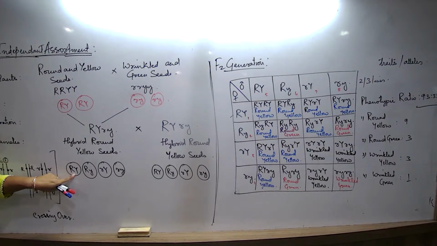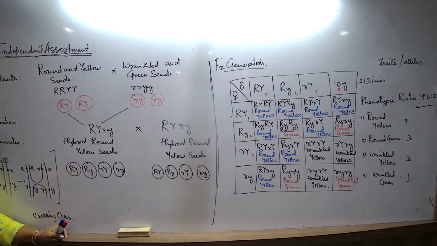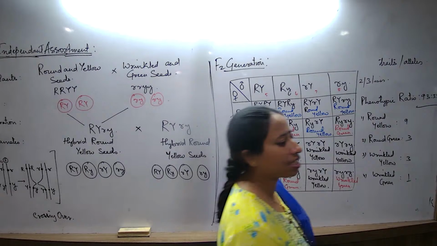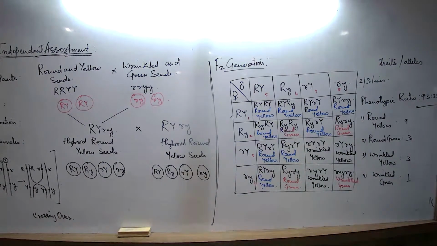It is one pair: one allele for shape, one allele for color. Inheritance of one pair of allele is independent of the other pairs during gamete formation.